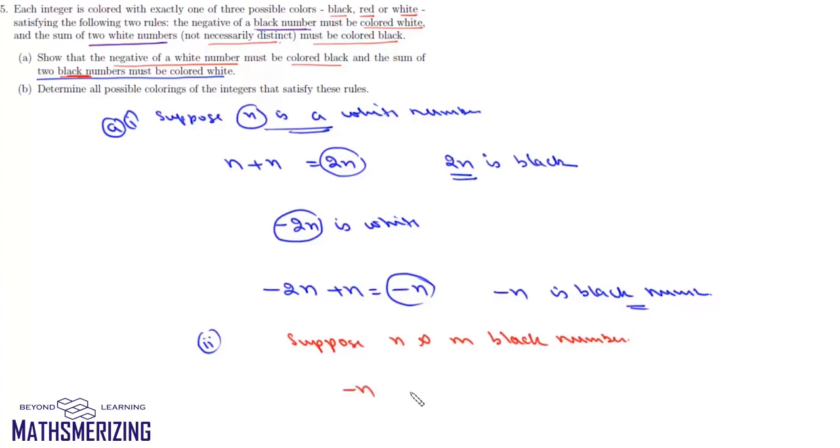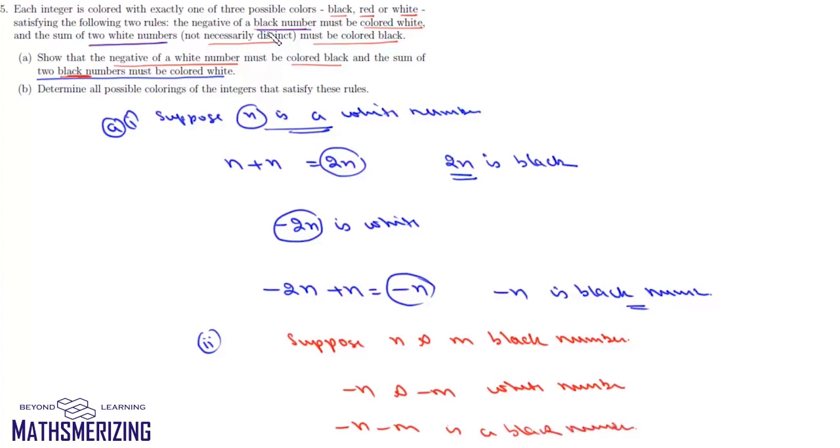So minus n and minus m, they are white numbers. Now if we add them, we'll get minus n minus m. So sum of two white numbers is a black number. So minus n minus m is a black number.